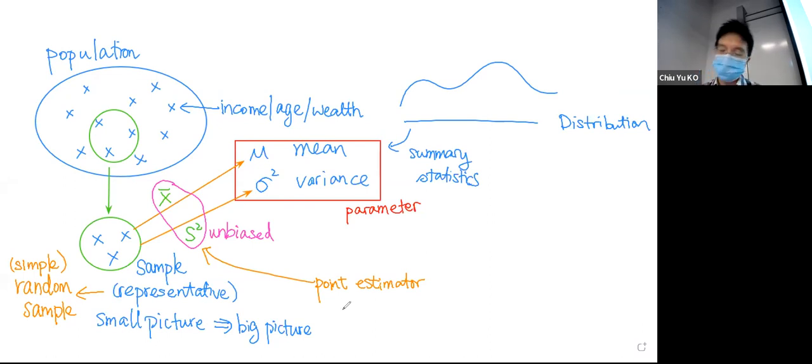And the alternative that we will learn today is called the interval estimator. What's the goal of the interval estimator? Instead of giving you a point, we give a range. It gives us some idea of precision.